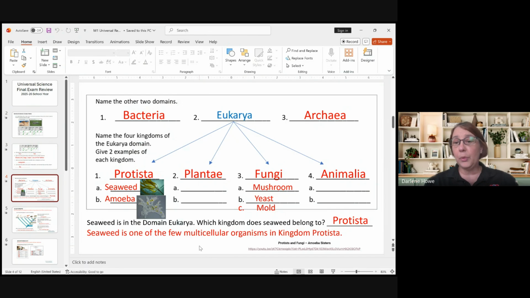Those are the three domains. It is the largest classification. Everything fits within one of those three domains. So we've got bacteria, number one, eukarya, number two, and archaea, number three.